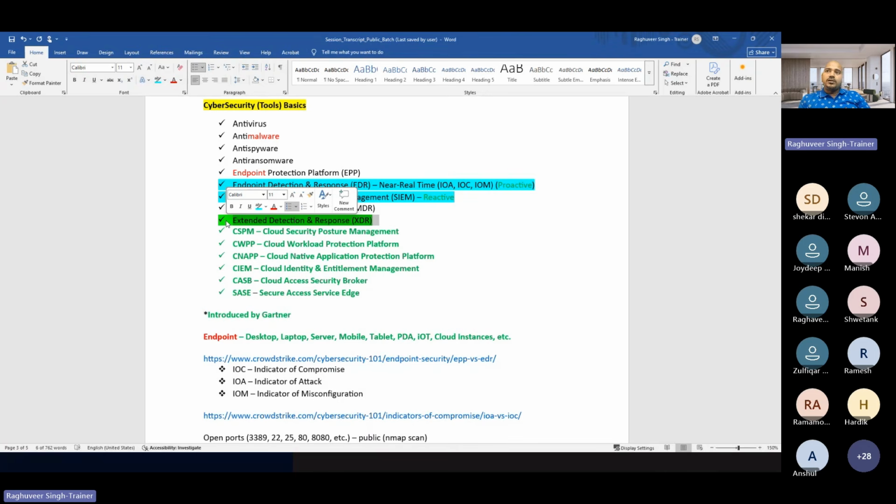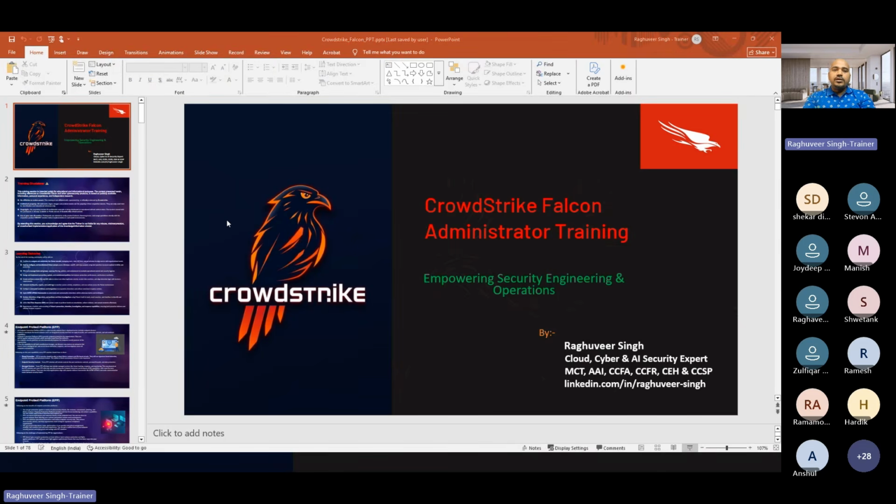If you look on the Gartner website for the top 10 email security solutions, you will see a list of 50 solutions, out of which the top 10 will be mentioned. Same is the case with EDR. If I go to the Gartner website and ask which is the leading EDR solution in the market, Gartner can get me that information real quick, or I can get it from the internet also.